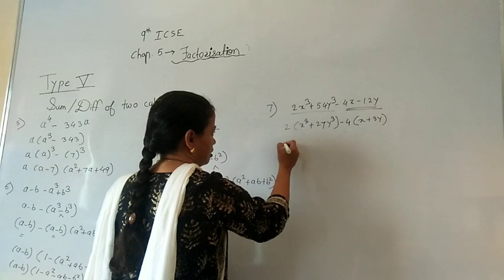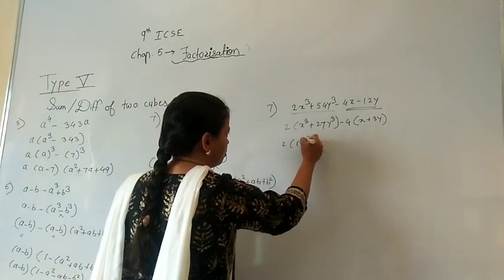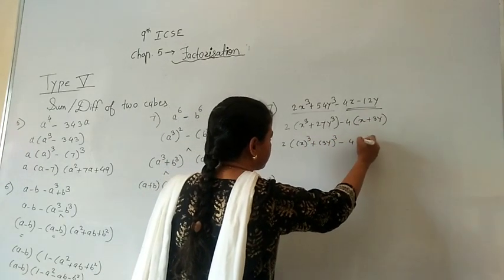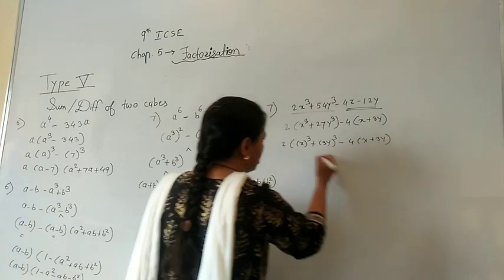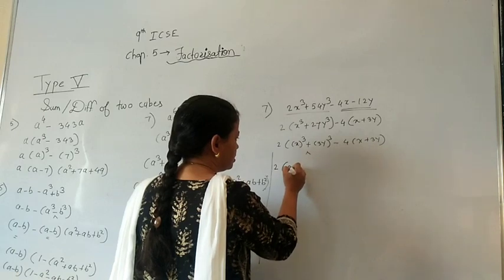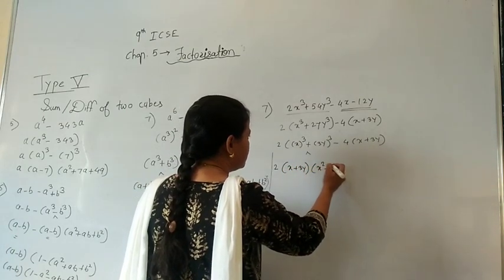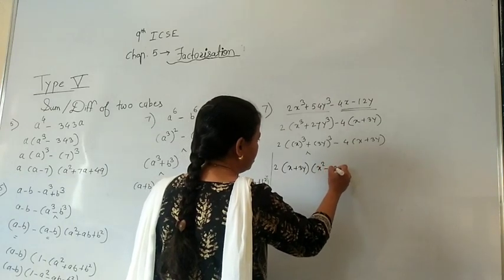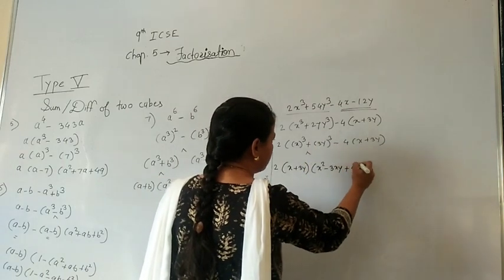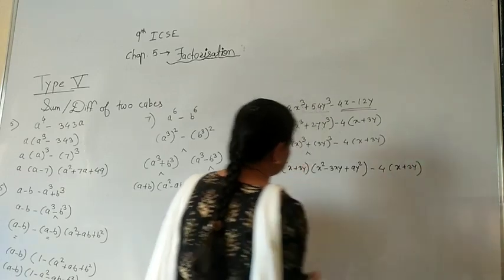This is converted into cube root, means x cube plus 3y cube. This term is as it is, x plus 3y. Now further 2 as it is, and x plus 3y in other bracket, x square minus ab means minus 3xy plus b square means 9y square, minus 4 times x plus 3y as it is.